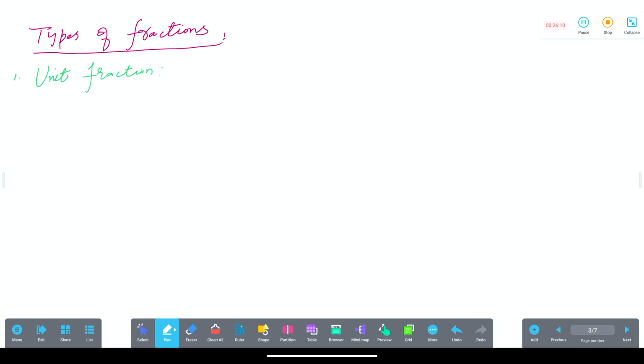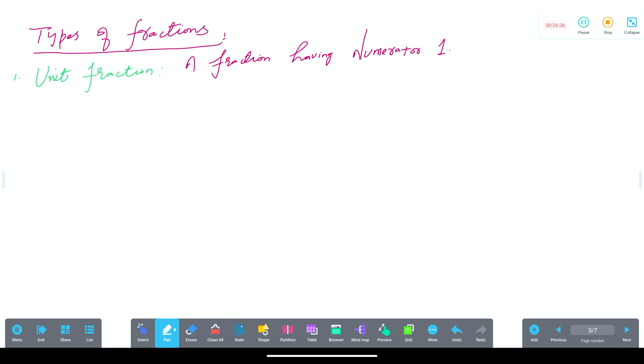So I am writing here a fraction having numerator one, a fraction whose numerator is 1.